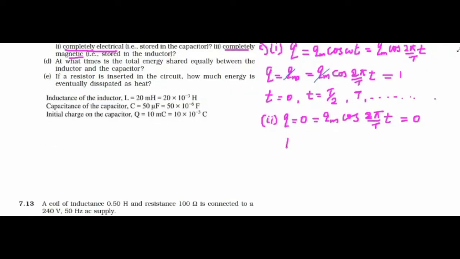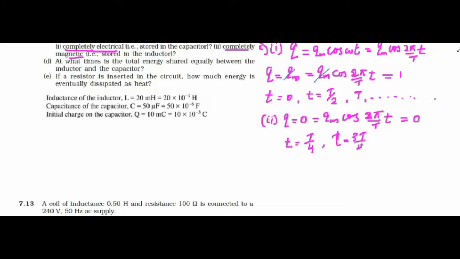So the values we can just see. First we can take t equal to T by 4. t equal to T by 4 means cos π/2. Cos π/2 is cos 90, which is 0. Then next you can take t equal to 3T by 4.